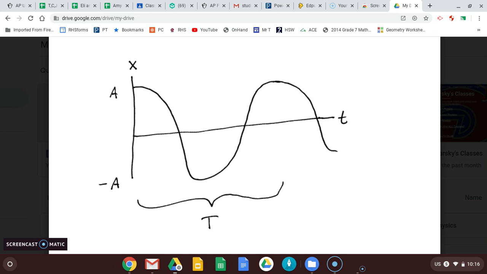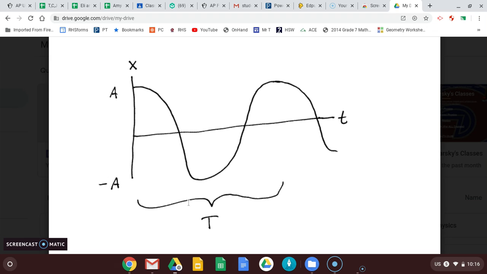So if we graph the position versus time of any object that is oscillating, we will have a max amplitude and a min amplitude. And the t-axis represents the equilibrium position, because right here, position equals 0. So there's always a max positive amplitude and a max negative amplitude, because there are two directions you could go away from equilibrium with oscillating objects.